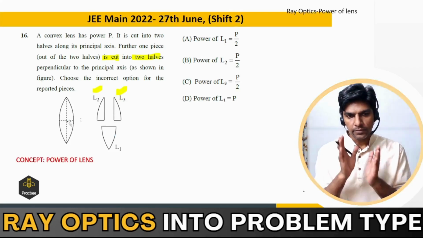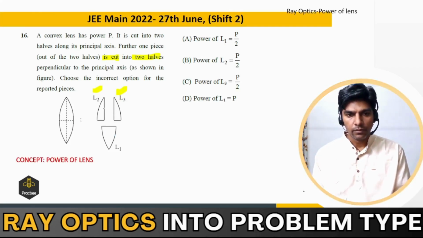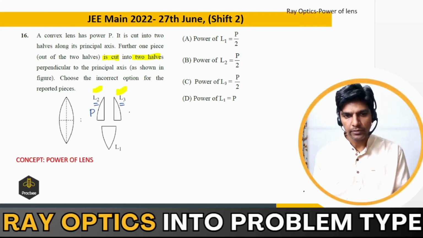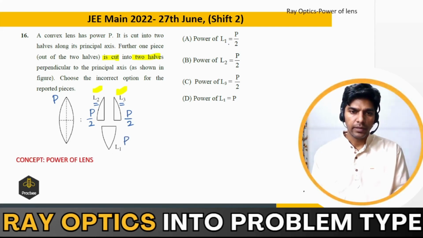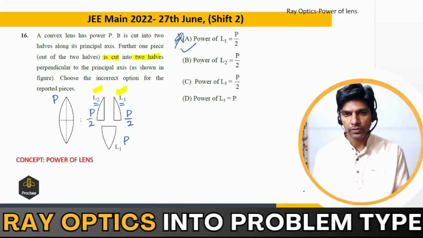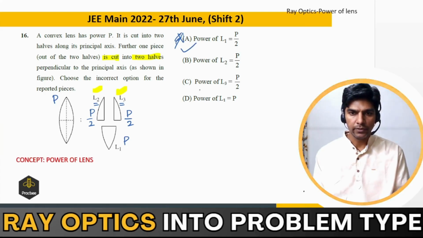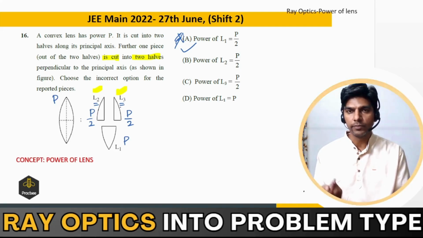So we can say for L2 and L3, the power, let us say, is P, and this is P. Okay, power for this lens is given as P, so the power of this lens will be P by 2, and for this lens it is P by 2, and for L1 it is P. So the power of lens L1 is P, so this is incorrect, or this is the answer basically. We have to find the incorrect option. Power of lens L2 is P by 2, power of lens L3 is P by 2, power of lens L1 is P. Right, so option A is the right answer.